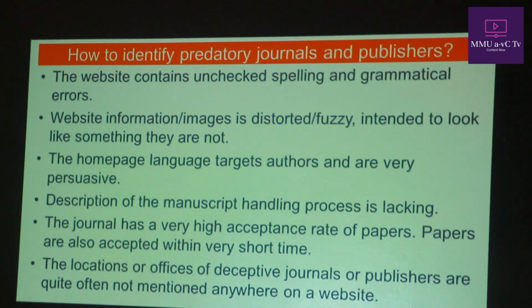Then two, the website contains unchecked spelling and grammatical errors. When you go on the website of any journal, you'll find it is addressing so many things. You'll see the home page, you will see the author's guidelines, you will see the scope. You see so many things that the journal is doing.